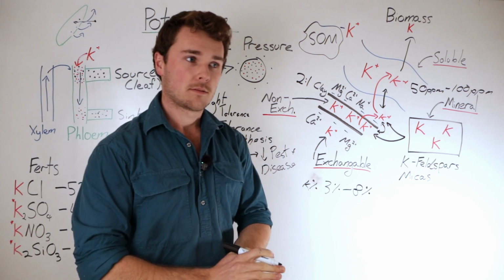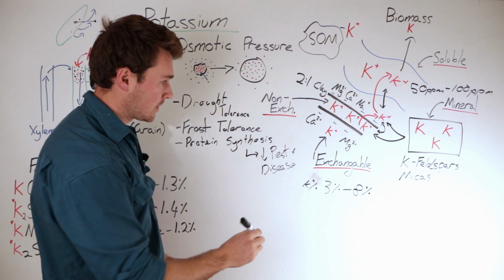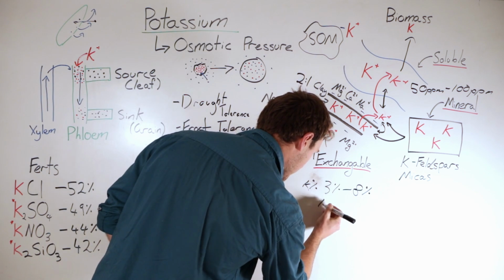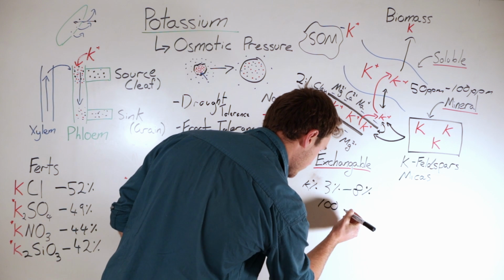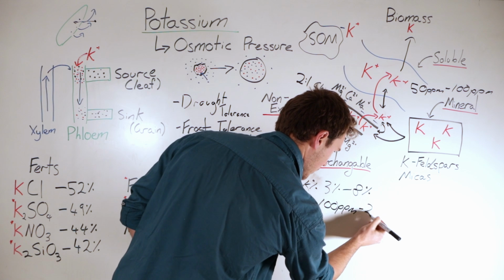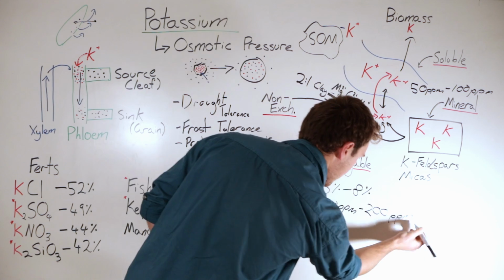It's expected that in a heavy clay we're going to have more potassium. Now, on our exchangeable, in terms of parts per million, that's anywhere between 100 for a sandy soil, all the way up to 200 parts per million in a very heavy clay soil.